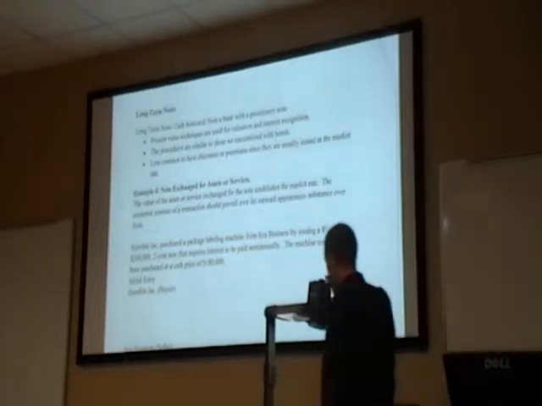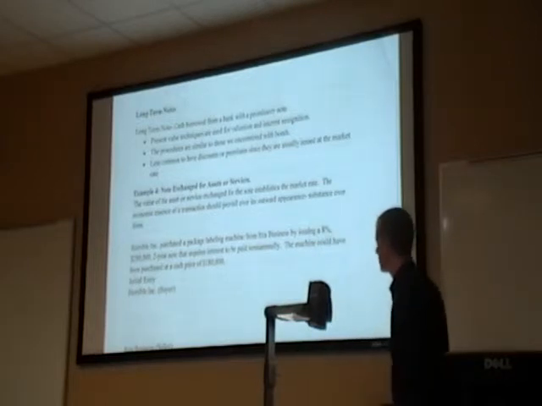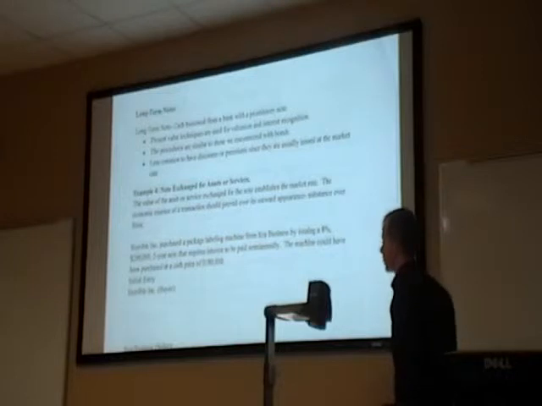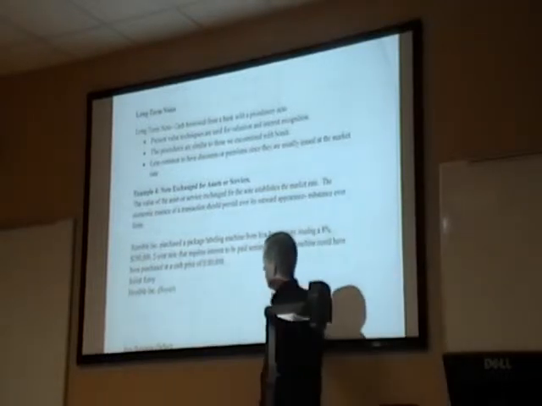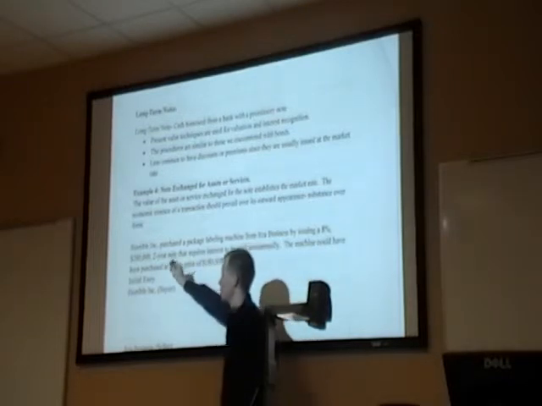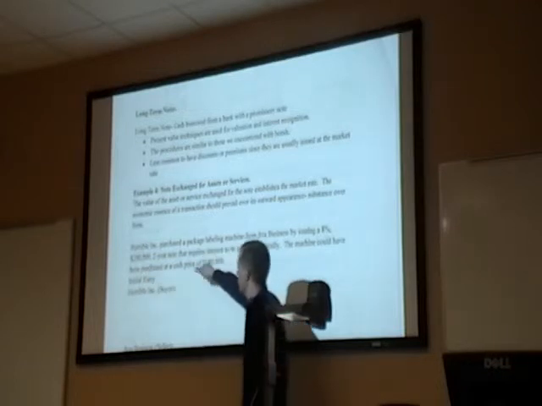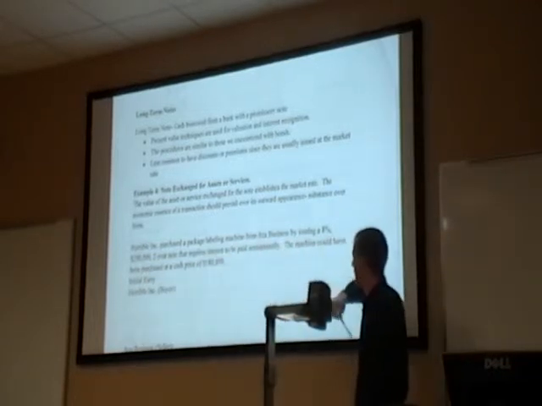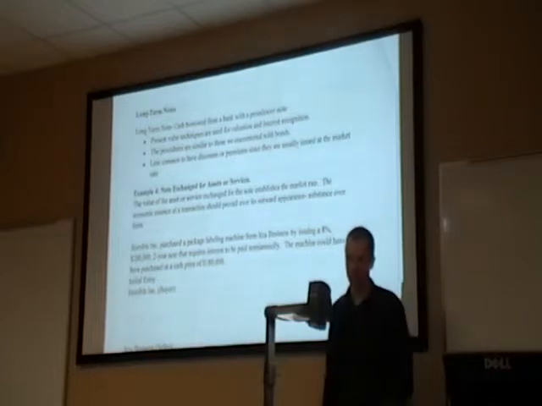So here's our example. Orbital Inc. purchased a packaging labeling machine from its business by issuing an 8%, $200,000 two-year note that requires interest to be paid semi-annually. The machine could have been purchased at a cash price of $180,000. So we could either buy this machine for $180,000 cash, or we get this $200,000 two-year note, paying interest at 8%.